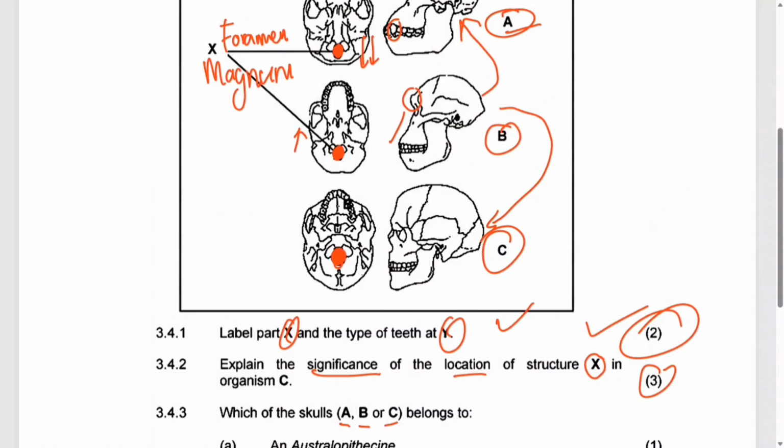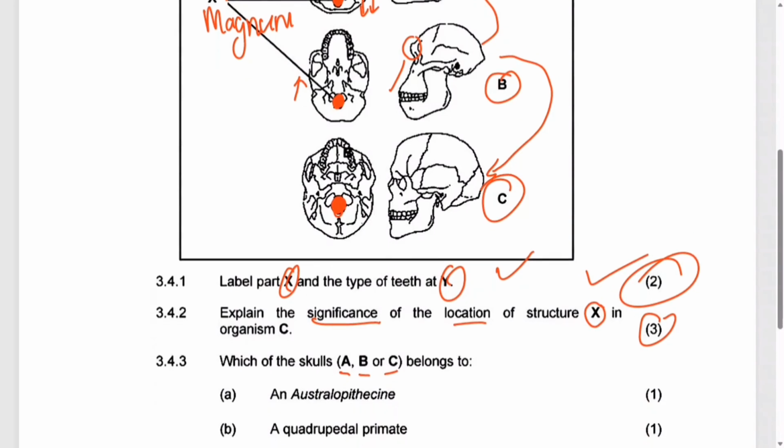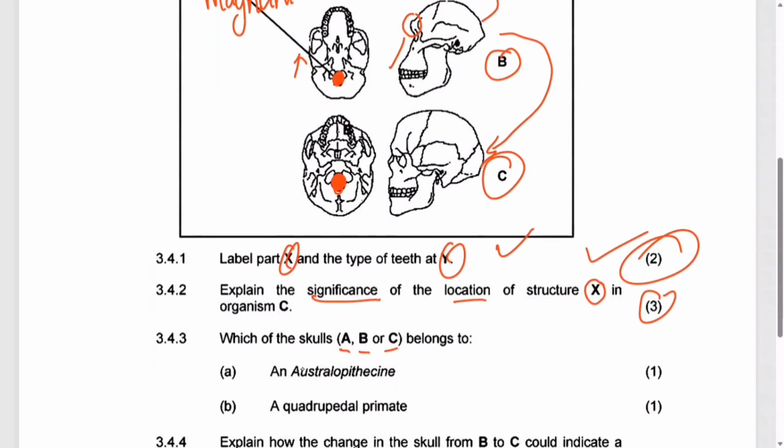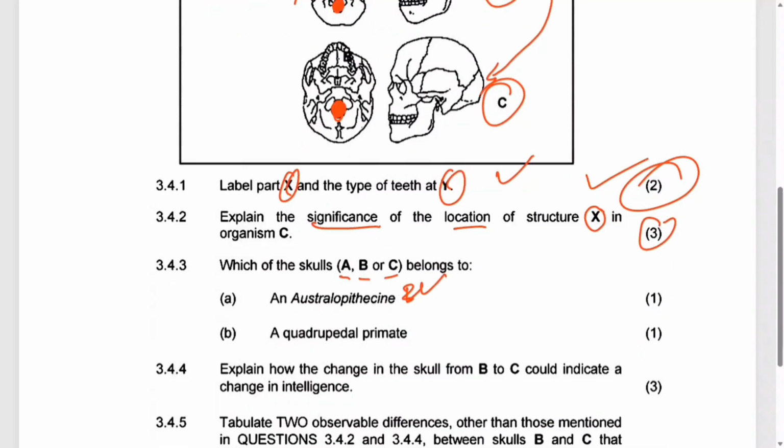It is an Australopithecine. It has the common characteristics between A and C. So the skull that belongs to an Australopithecine will be B. You get a mark there.